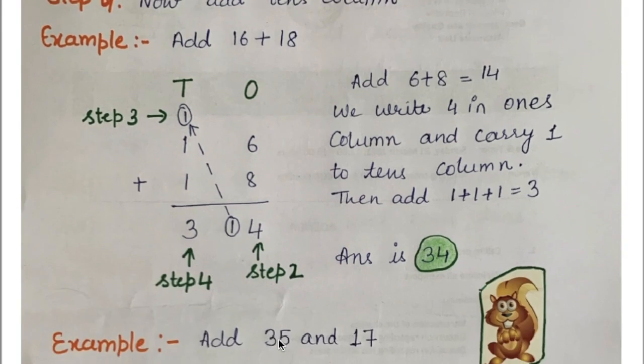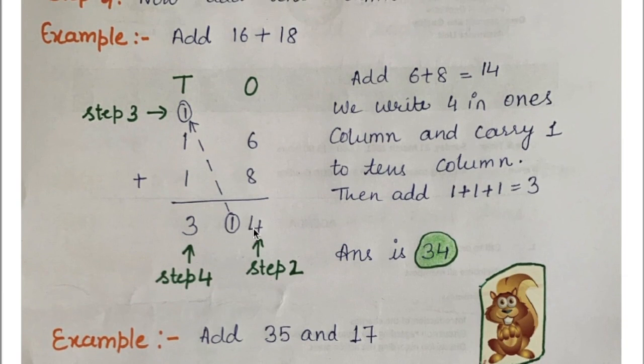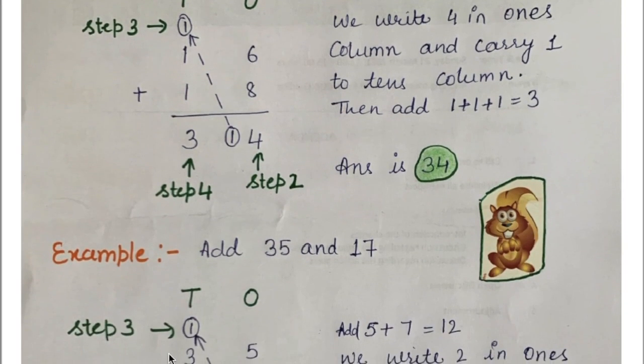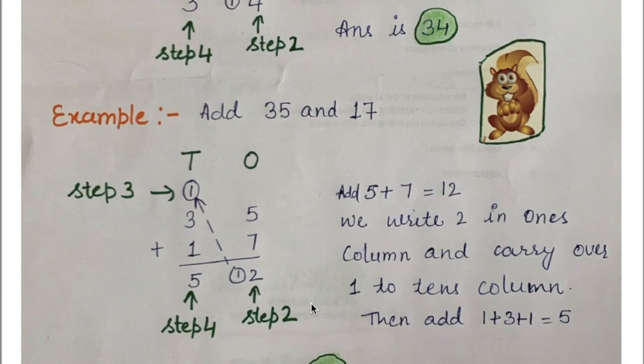Hope you can understand. This is the second example I have given here: add 35 and 17. I have written the numbers in column form. In the ones column I have written 5 and 7, and in the tens column I have written 3 and 1.